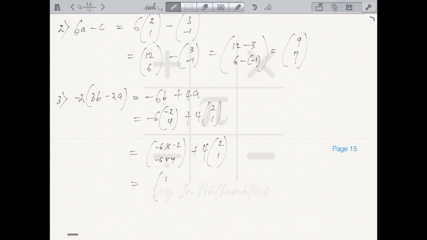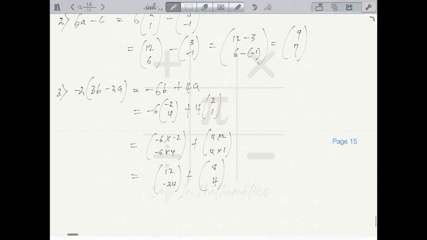This gives (12, -24) plus 4 multiplied by 2 and 4 multiplied by 1, which is (8, 4).